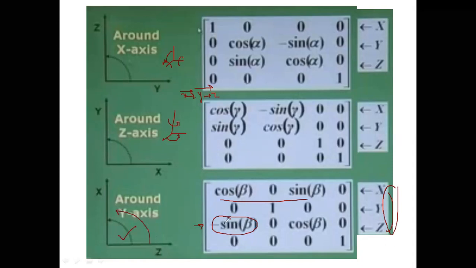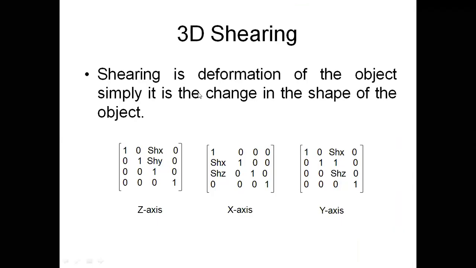That is why the negative sign is kept here, to maintain the consistency. Now if I look into the shearing part, it is also easy to understand.